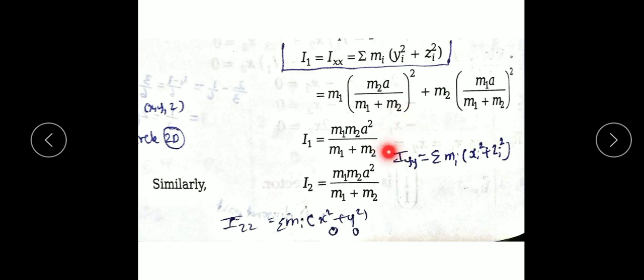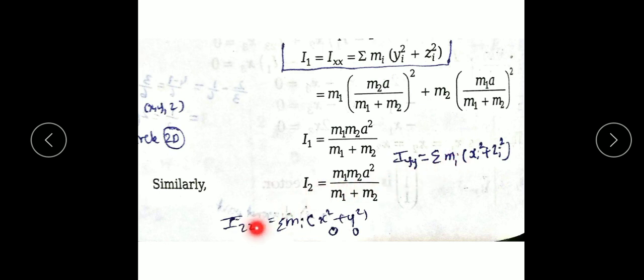In the similar manner we would have I2 equal to m1 m2 a square by m1 plus m2, because Iyy is equal to summation mi into xi square plus zi square. As the x component is 0 for both of them, again we would have m1 z1 square plus m2 z2 square, in the same manner.